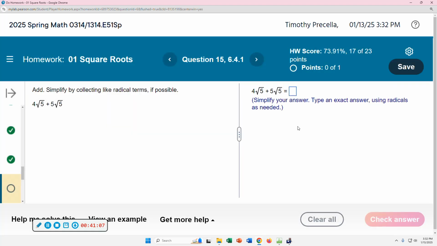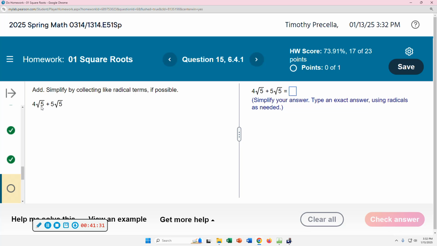Okay, so what we just finished doing for those last few problems, 12, 13, and 14, we were multiplying square roots. Starting with 15, we're going to be adding and subtracting square roots. In order to add or subtract square roots, you've got to have the same thing under the square root symbols.